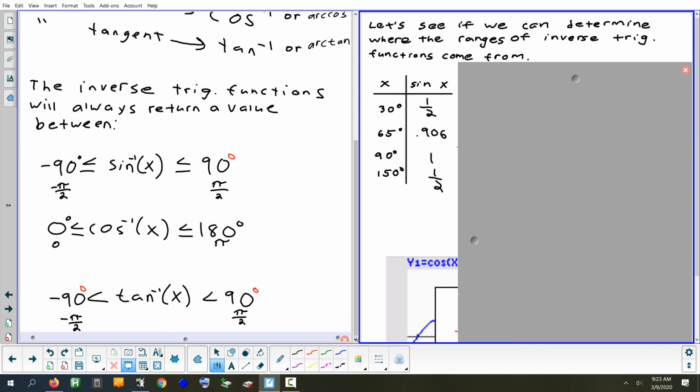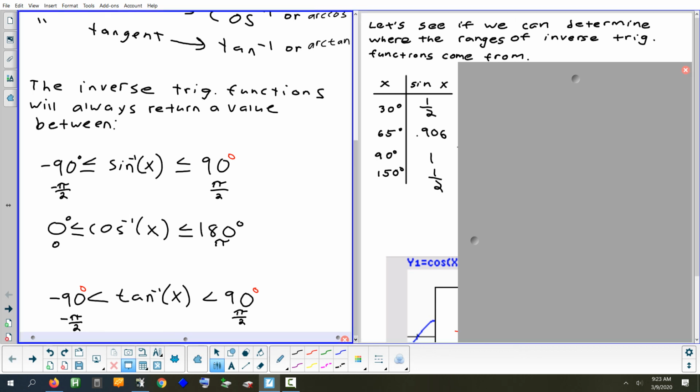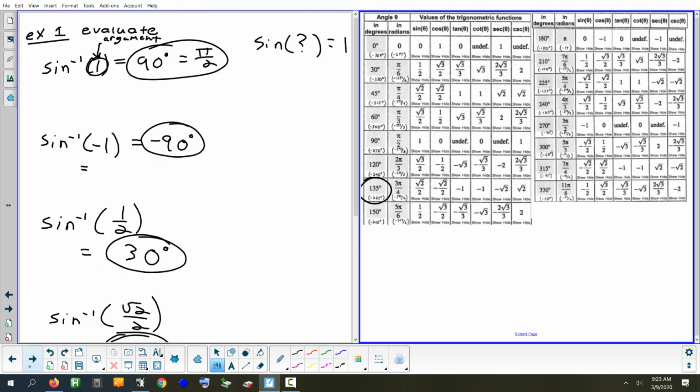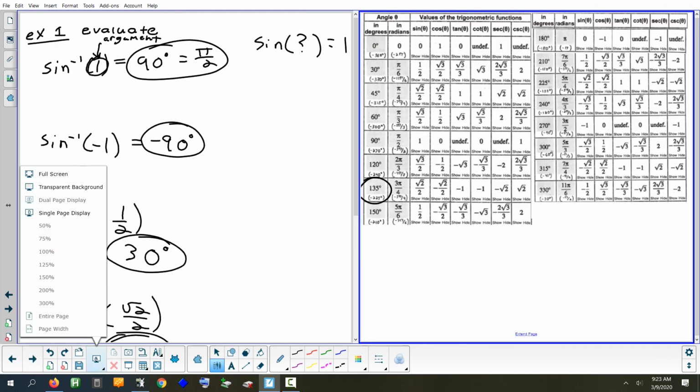The numbers are -90 to 90. So is it exactly the same as inverse sine? No, what's different? Right. With inverse sine, you can actually equal 90 and -90. You can't equal it with inverse tangent.